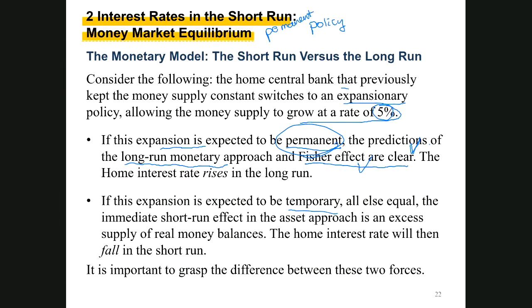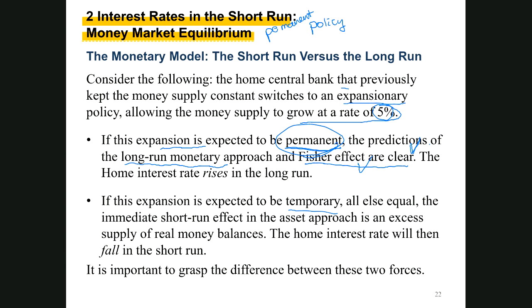We are doing the same thing here. That's under the condition that the shock is permanent. Say the government suddenly prints more money, and the growth rate of the money is 5%, or some positive constant over the years. That is called a permanent policy.